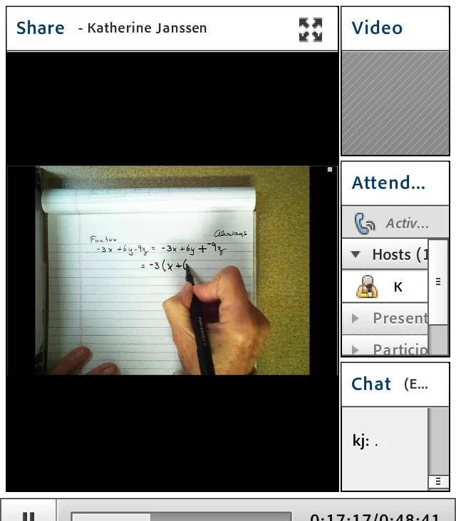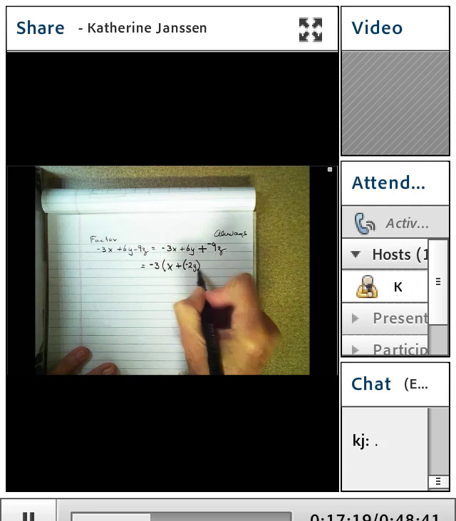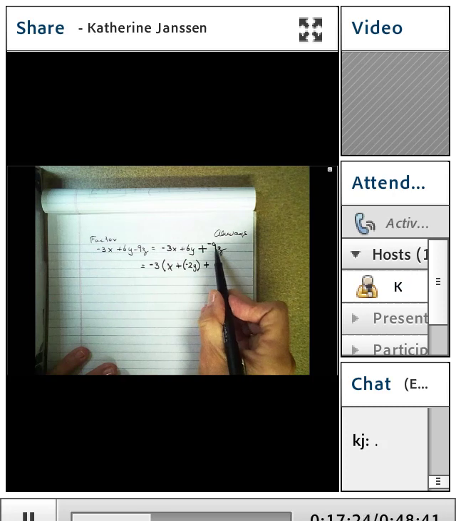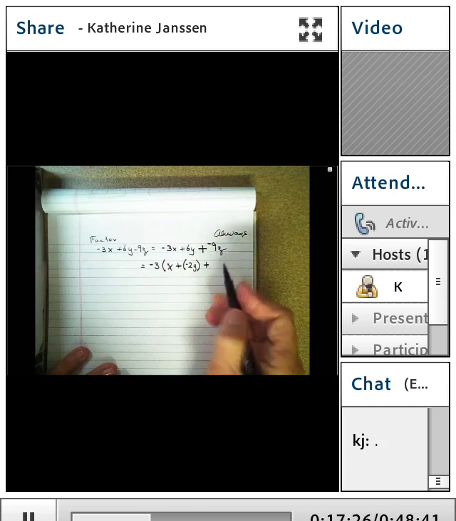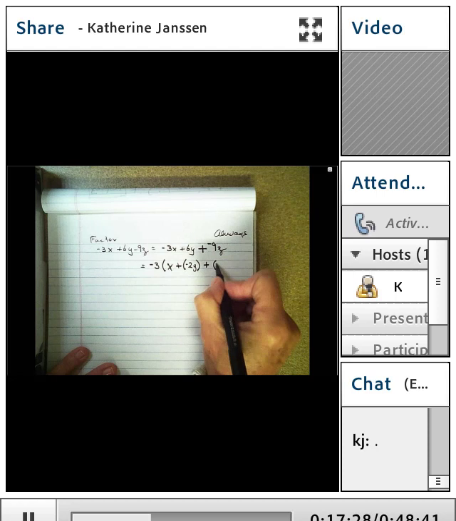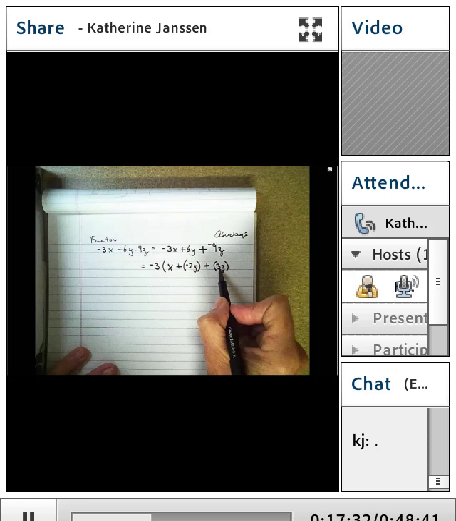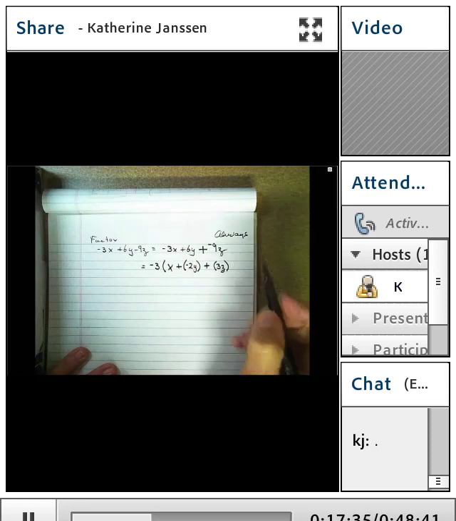That'd be a negative 2y. Pick up your sign. And a negative 3 times what would give us a negative 9z? That'd be 3z. A negative 3 times a positive 3 would give us a negative 9z.